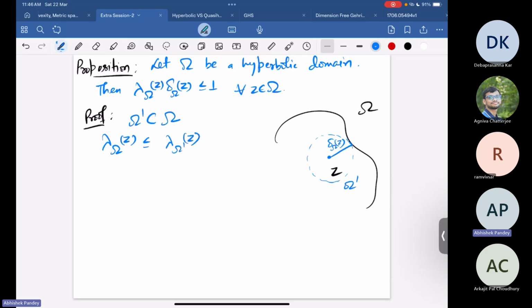Now this is a ball centered at z with radius delta omega z. This is easy to check, one just needs the density on the ball.